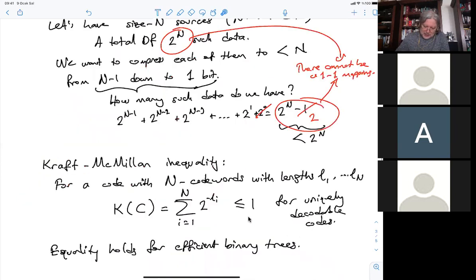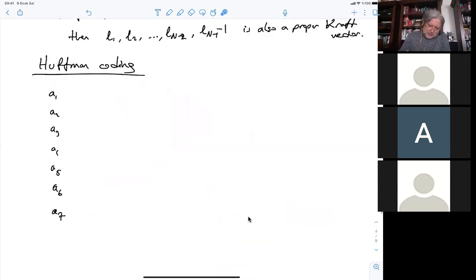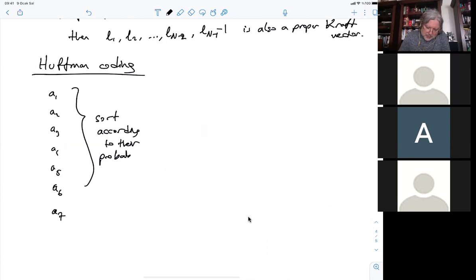So what I really do here is I sort according to their probabilities. The smallest probability will be at the top, because from the top I will start merging, but it's just an illustration.